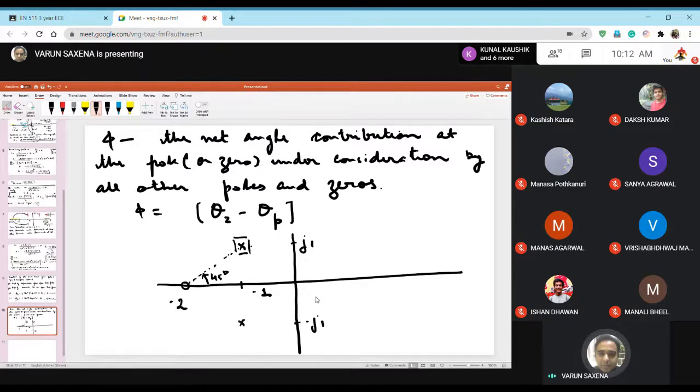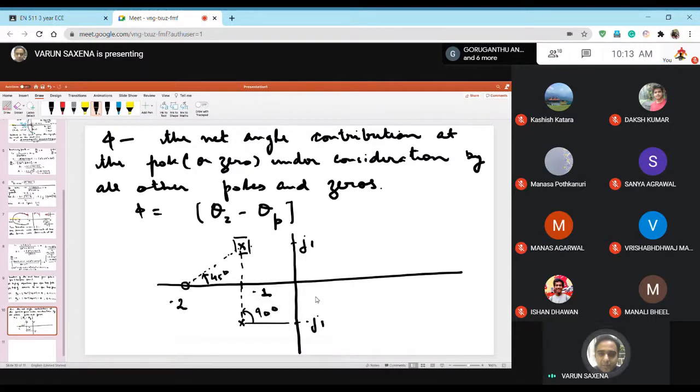Now let me make this line. So what is the angle that this is making with respect to the pole we are considering at the top? What is this angle that this pole is making with respect to this pole? 90 degrees.